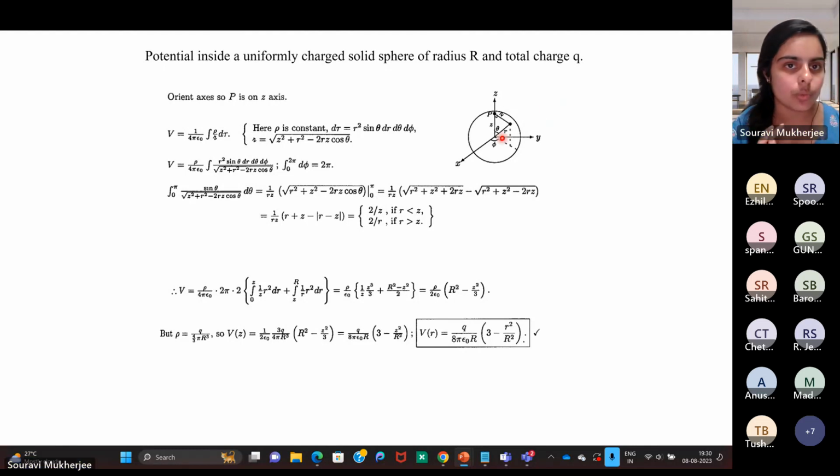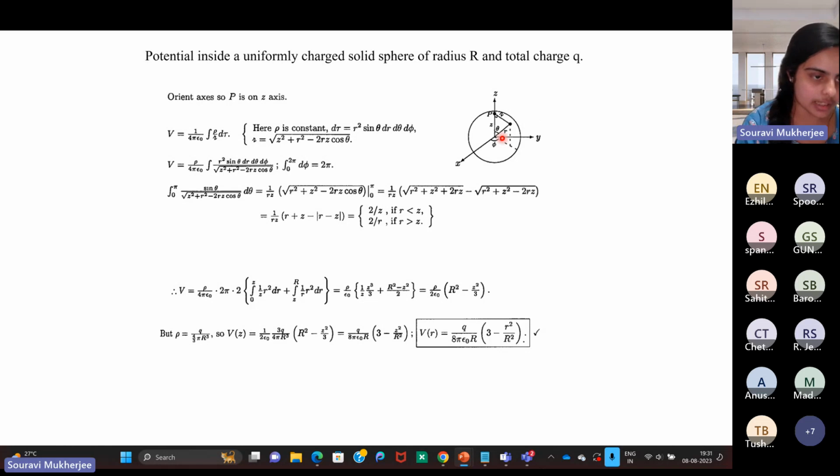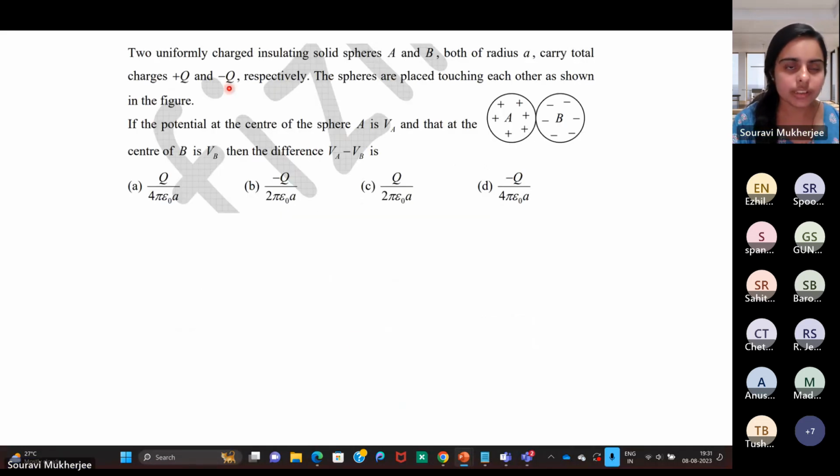There, whatever is concerning us is just the total charge that is enclosed by the Gaussian sphere that we are considering. So it's important to remember that this holds only for potential inside a uniformly charged sphere. And because of the continuity of potential, it obviously holds on the surface as well, right? So now we'll use this relation to solve a question, okay?